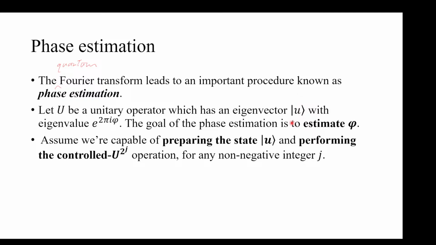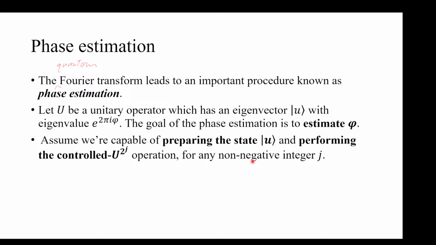Then we need some kind of access to this unitary operator and this eigenvector. Usually we'll assume that we can prepare the state u. This one is going to be changed a little bit, but for now let's assume we can prepare state u. And also we can do this unitary operator, but actually we need something stronger. We need to do the controlled version of this unitary operator, and not only the controlled version, we need to do a lot of controlled powers of this unitary operator efficiently.